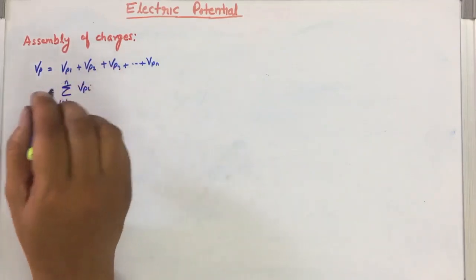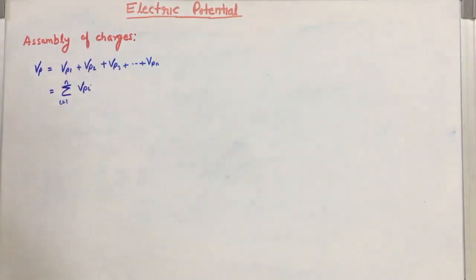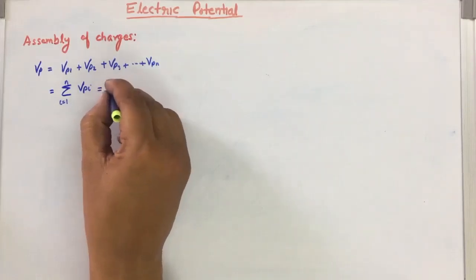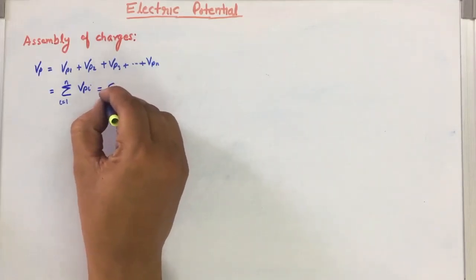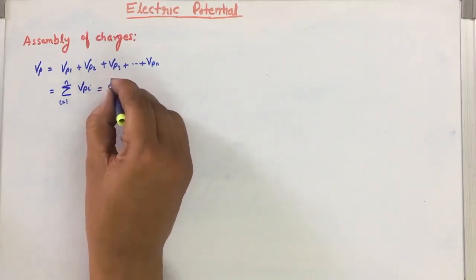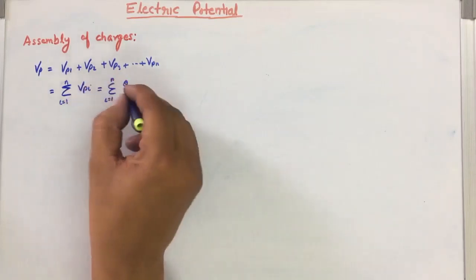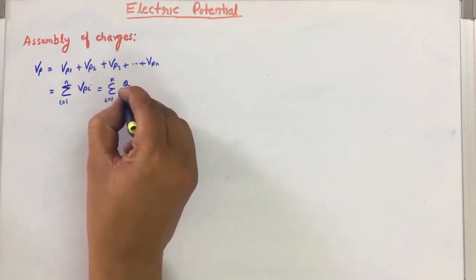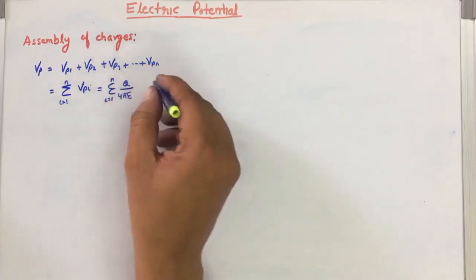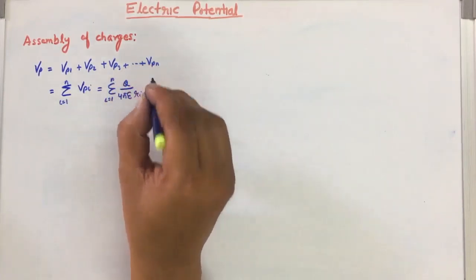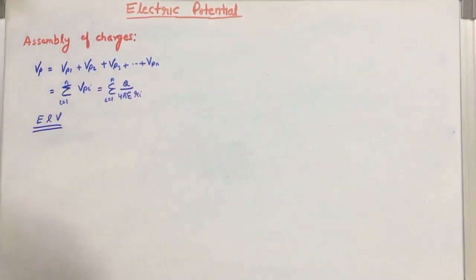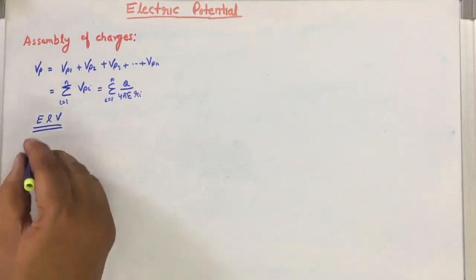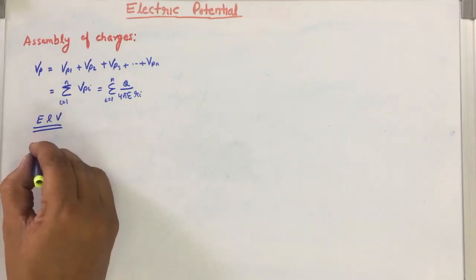We can write this in summation form, and V can be written as Q by 4 pi epsilon Ri.